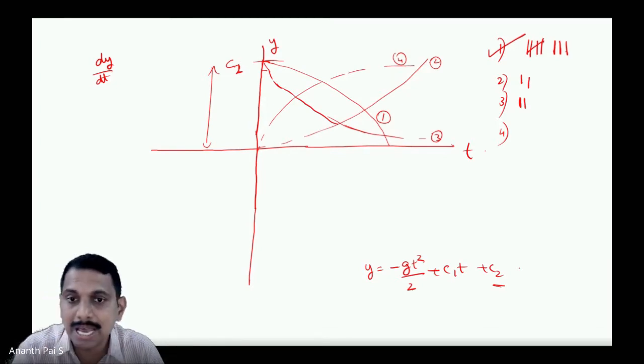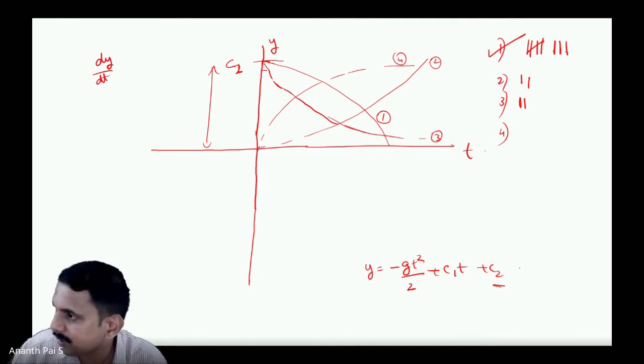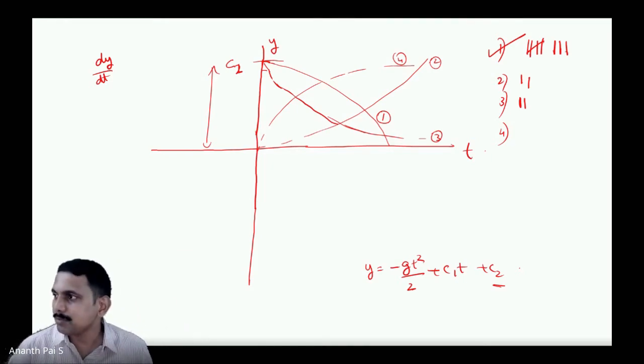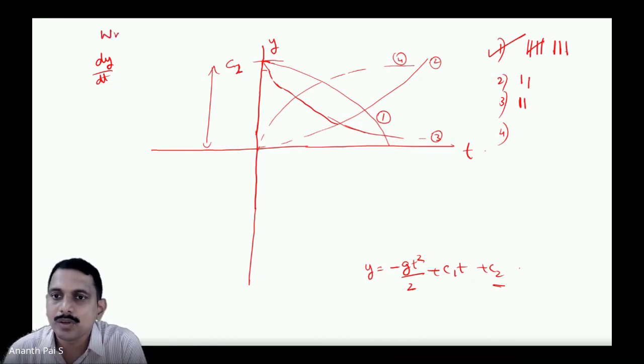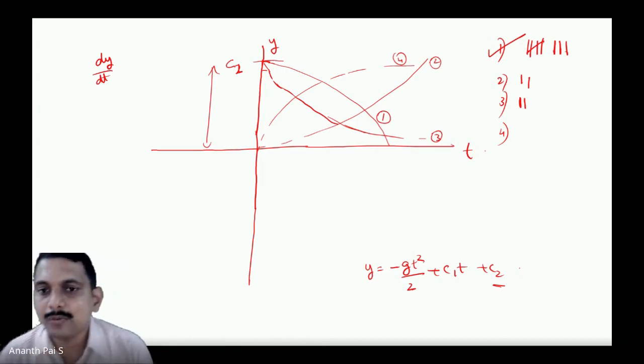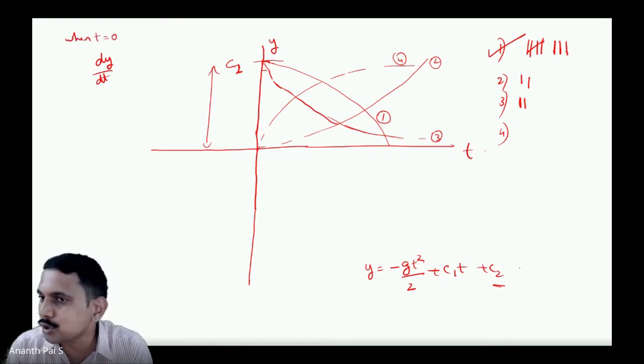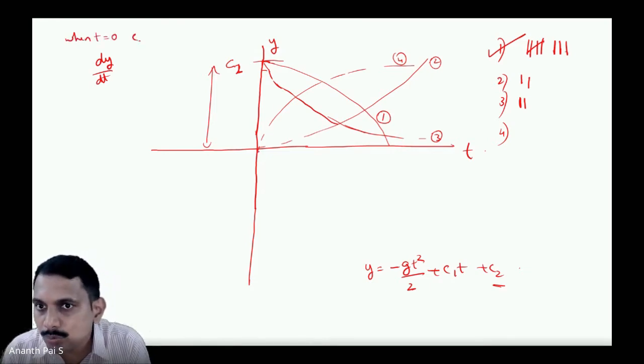So you write this down and say the slope is 1. This is important to understand: what is the curve. When t is equal to 0, dy by dt is equal to velocity.